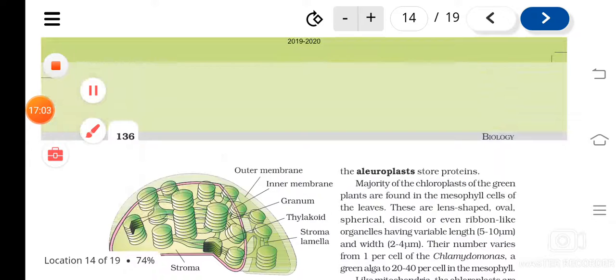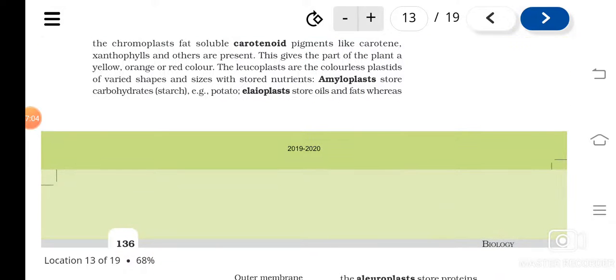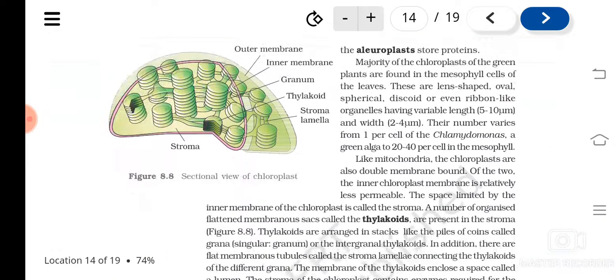So these are the different features of the chloroplast. What we have learned: different types of plastids depend upon their pigments. Then we studied the structure of the chloroplast: double membrane, the matrix known as stroma, and in that are arranged different types of thylakoid membranes. When they are arranged one above the other, they form the grana, and the grana are connected by stroma lamellae or stroma thylakoids.